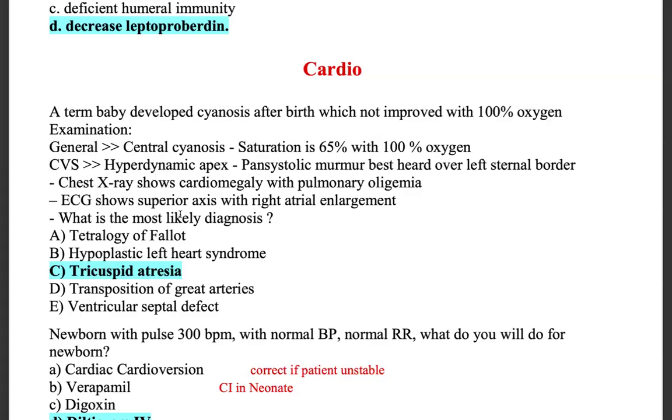What is the most likely diagnosis? Tetralogy of Fallot, hypoplastic left heart syndrome, tricuspid atresia, transposition of great arteries, and ventricular septal defect.